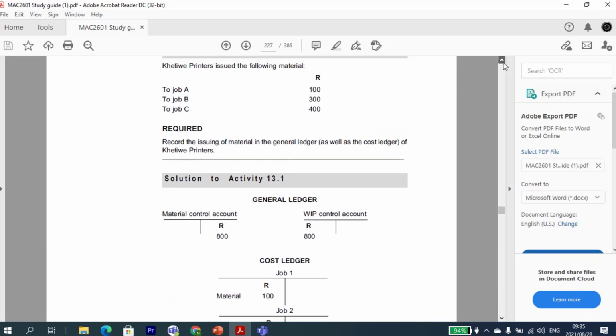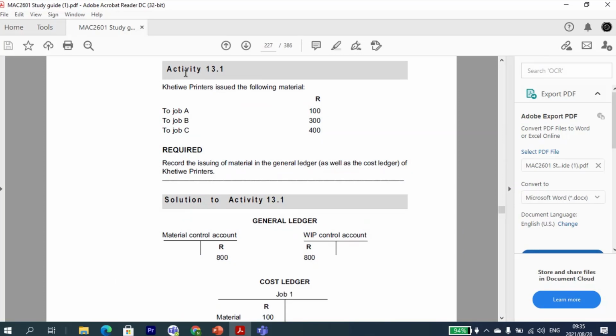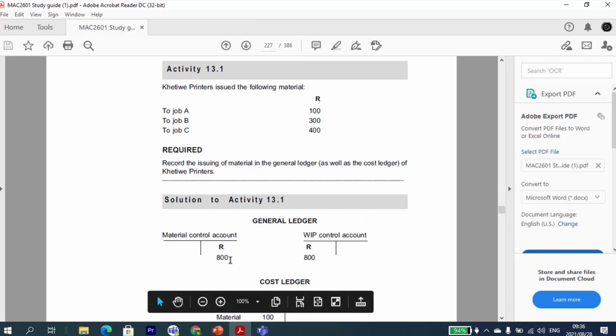So let's look at activity 13.2, but before 13.2, it's the same thing that I just explained here. On activity 13.1, it is KTUA's printers issuing materials. There's job A, B, and C. So in terms of your general ledger, which is very important, you need to know how these costs are being recorded. The material account will show that we've got 800 worth of material, right?